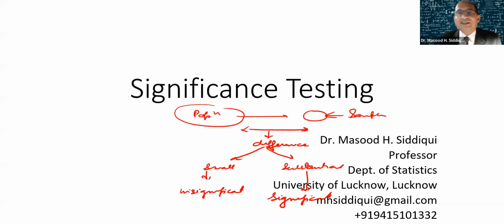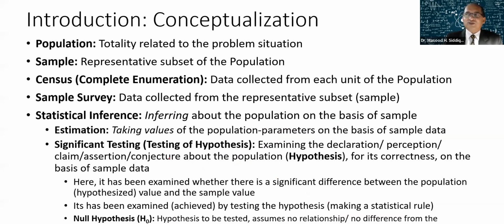We only examine whether this difference is significant or not. How can that be done? For that, we propose a hypothesis, and this hypothesis is being tested. So the related name is hypothesis testing, or testing of the hypothesis.